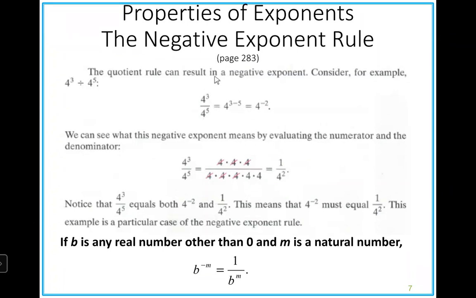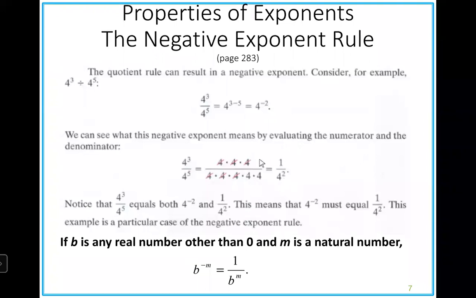One method simplifies using the rule of subtracting the powers because we are dividing. The other method expands and simplifies, and we get 1 over 4 squared. So 4 to the -2 can be written as 1 over 4 squared.